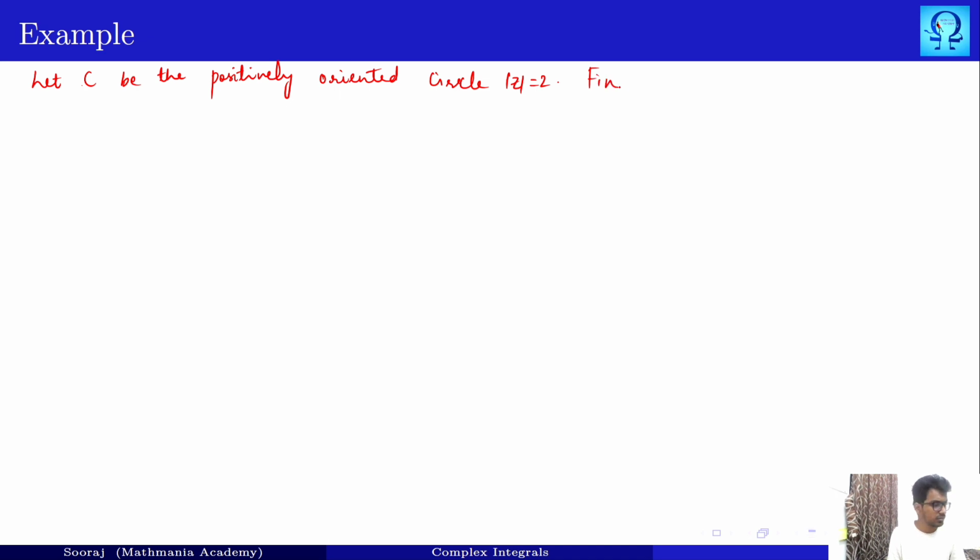Find the integral over C of dz upon 9 minus z squared times z plus i. Okay, we'll have to find out the value of this integral.